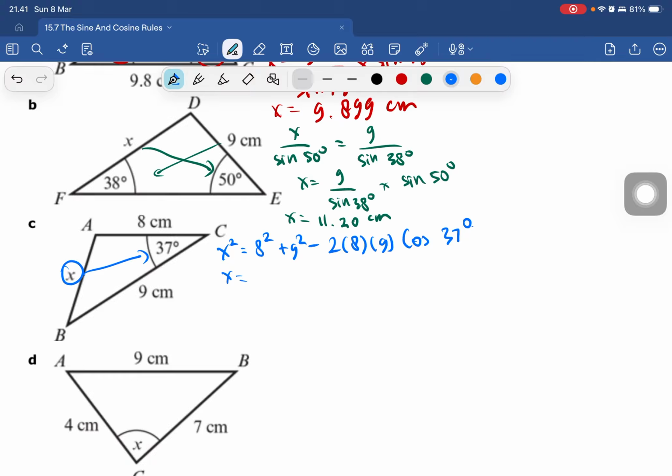So x equals the square root of 8 squared, which is 64, plus 81, which is 145. We minus 2 times 8 times 9, which is going to be 144. Wait, 9 times 9, or 9 squared, equals 81. Yes, it is.